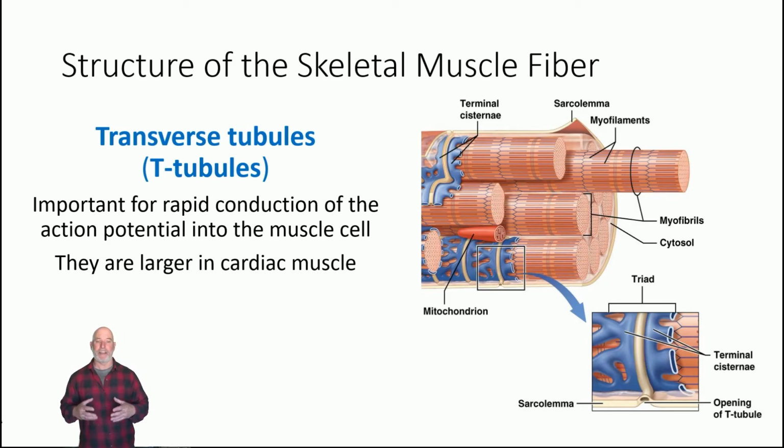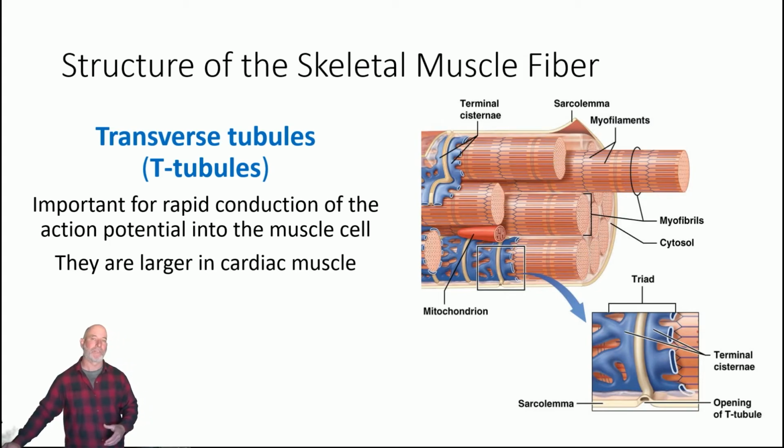So basically, these things allow that signal, the action potential, to rapidly travel through the muscle cell, okay? And in hearts, in cardiac muscle, the T-tubule is even larger than in our skeletal muscle, which makes sense because it allows for the heart to rapidly contract.